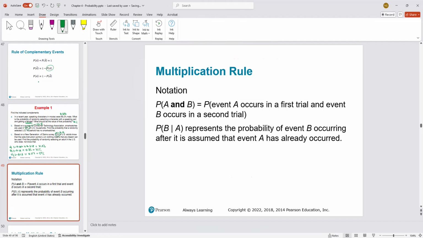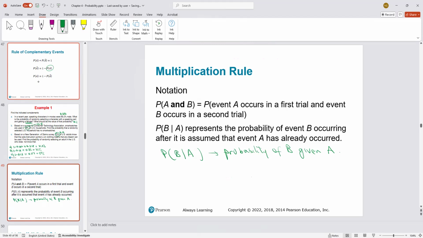Or we can write it as the probability of B given A. The probability of B given A represents the probability of event B occurring after it is assumed that event A has already occurred.